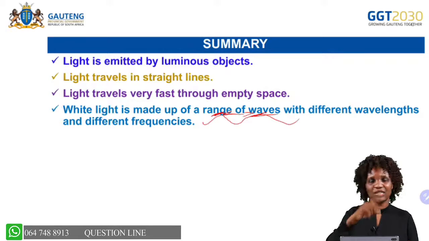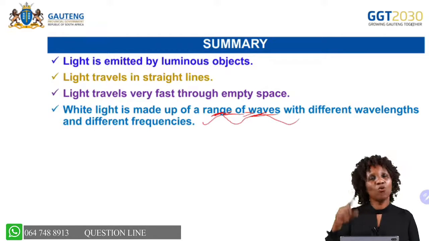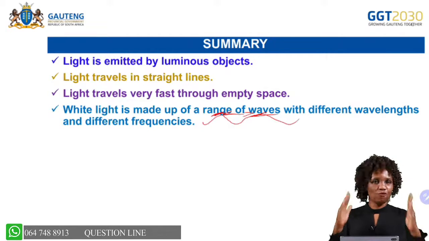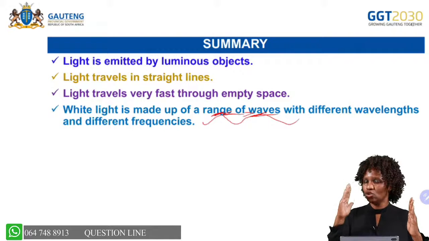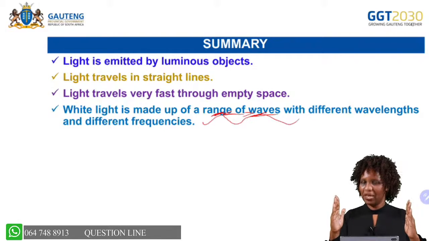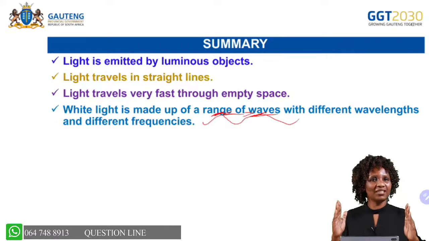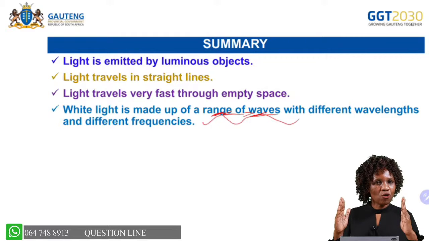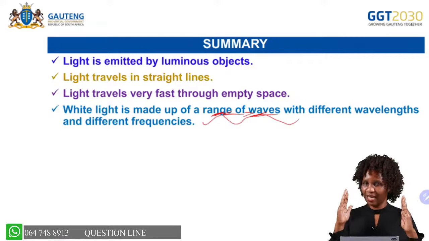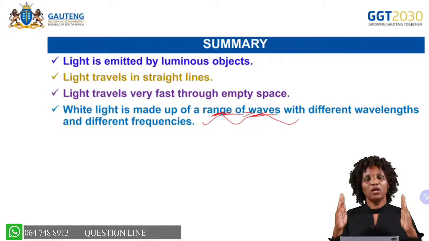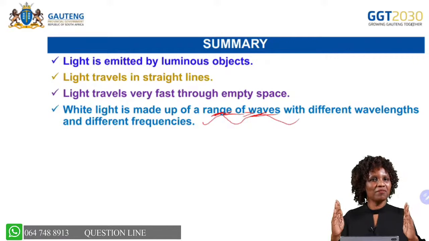Why? Because it has got a short wavelength. And then a lot of waves will pass from point A to point B at a given time. And then if you compare with red, a few waves will pass at exactly the same distance and same time. All right?